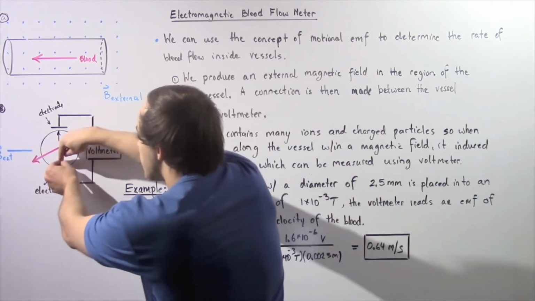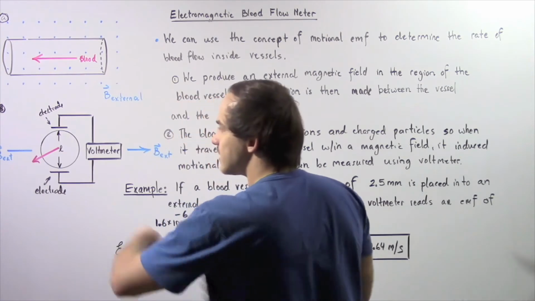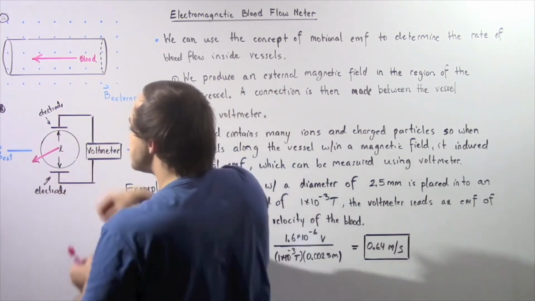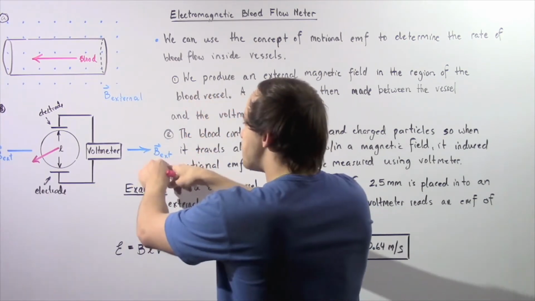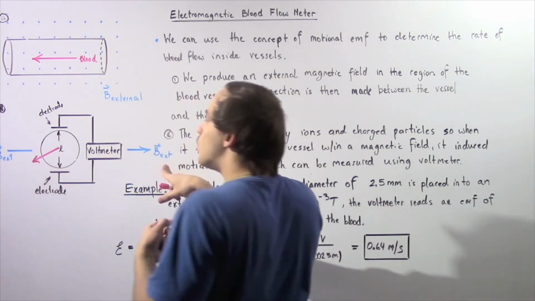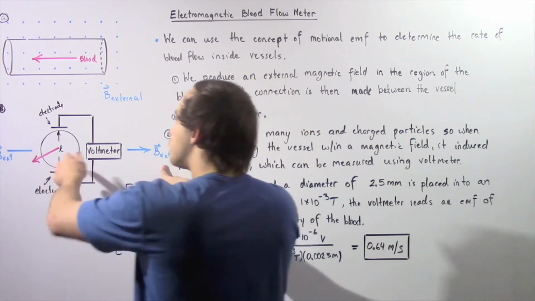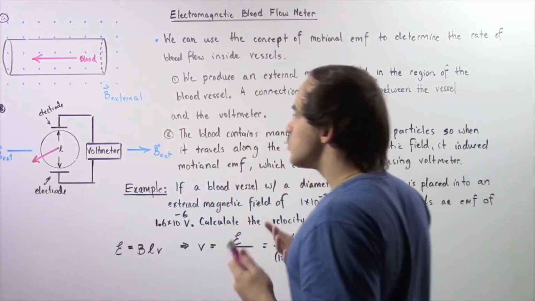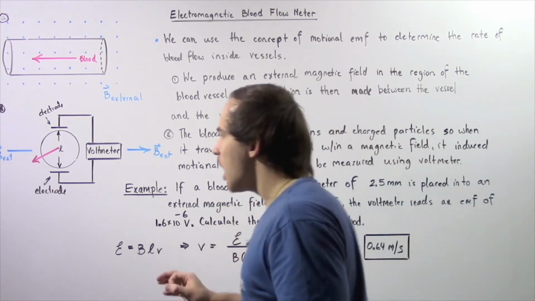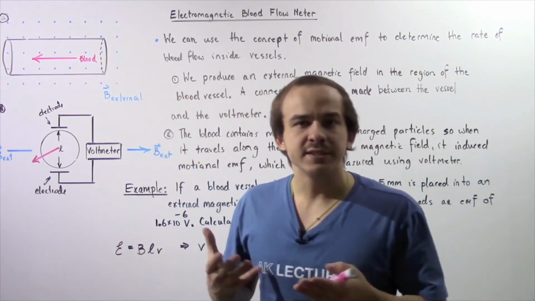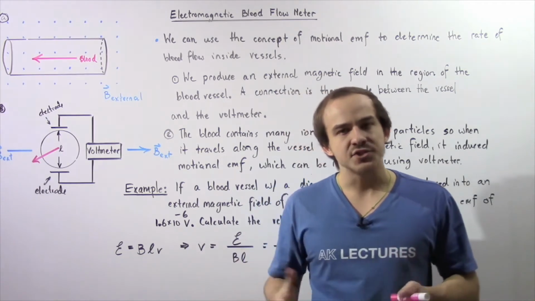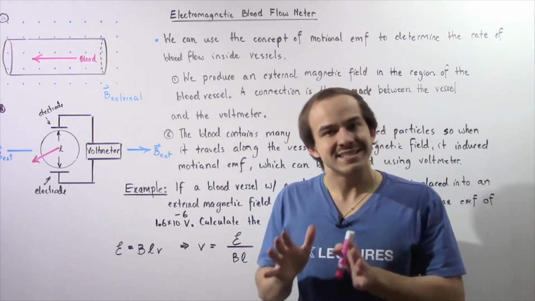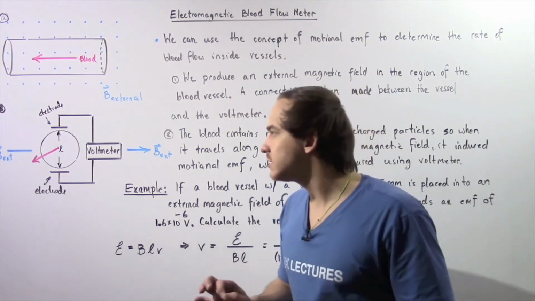Notice the diameter of the blood vessel is given by L. And our diameter L is perpendicular with respect to our magnetic field, which is also perpendicular with respect to our blood flow, which is coming out of the board. As our blood flows, blood contains different types of charged ions and charged particles. So that means the blood acts as if it was a moving conductor.